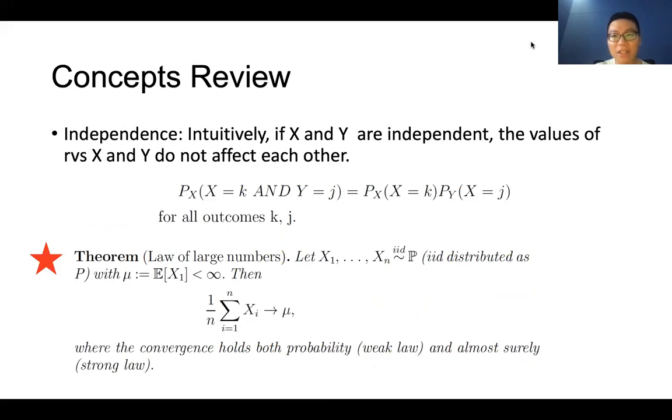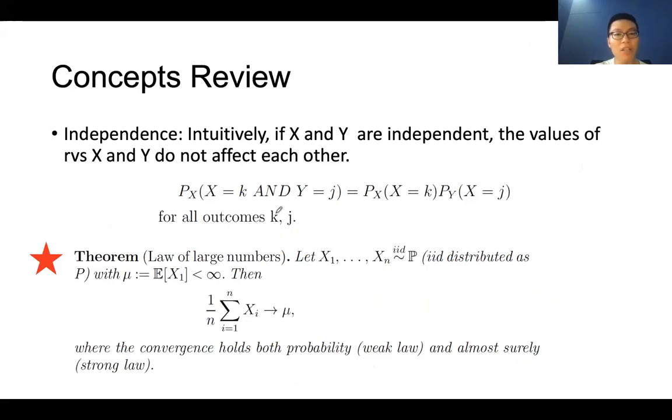Okay, so the next definition we will review is independence. Intuitively, if X and Y are both random variables and are independent, it means that X and Y don't affect each other.